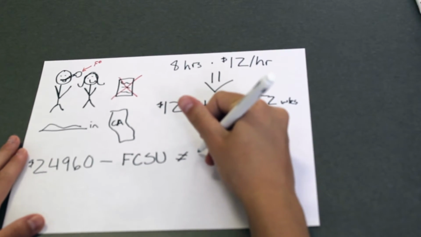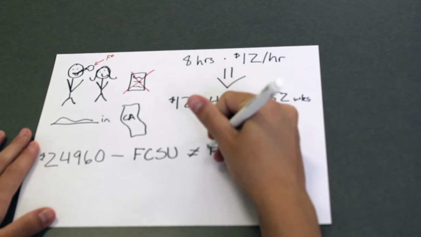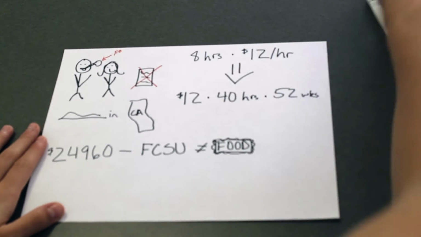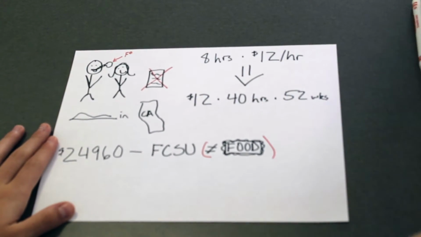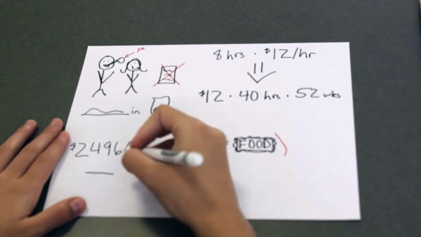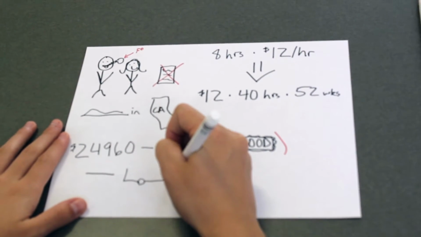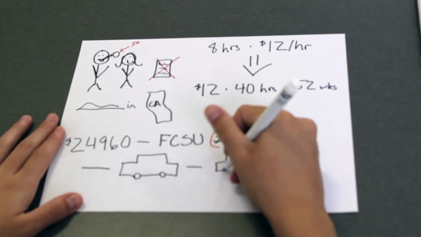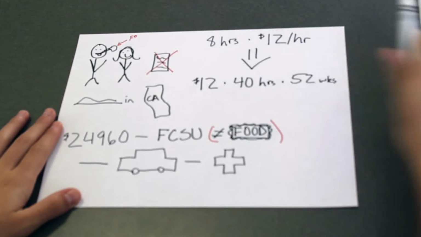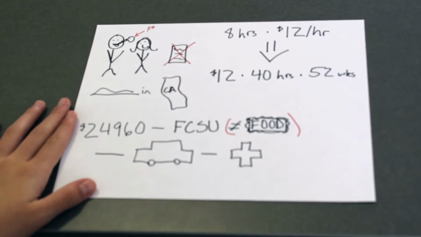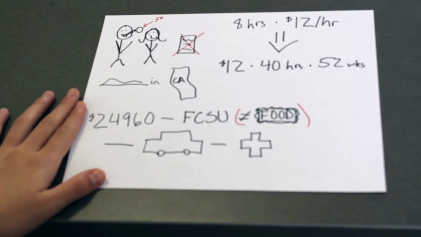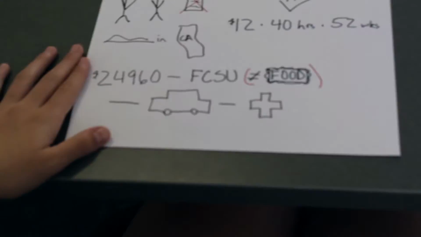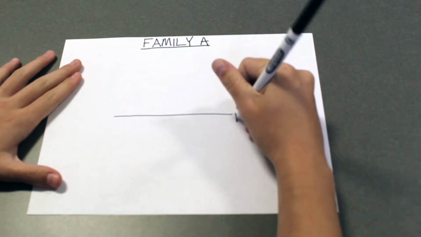Thus, besides FCSU, they have to spend money on transportation and medical out-of-pocket expenses, since they're not eligible for disability or anything beyond emergency health care, and we hope that they can cure her husband's disease.